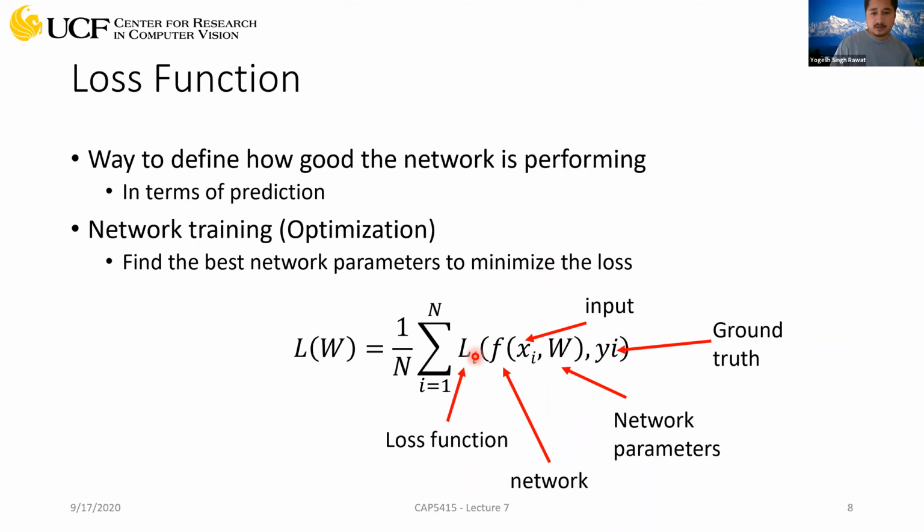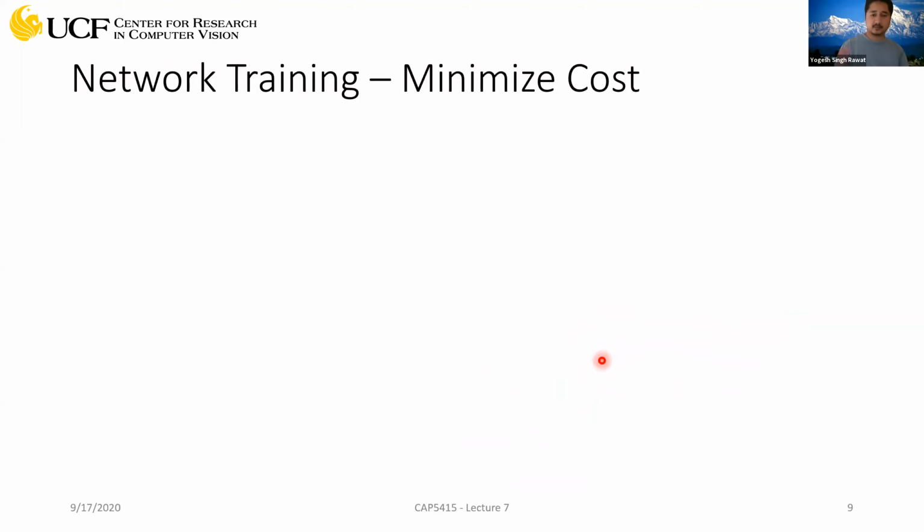Now, if we have a loss function, what we want to do is minimize this loss value. If this loss value is close to 0, it means that the network is predicting perfectly what it should have been predicting, right? So the goal is we want to minimize that cost, which is given by that loss function, and that is called network training.